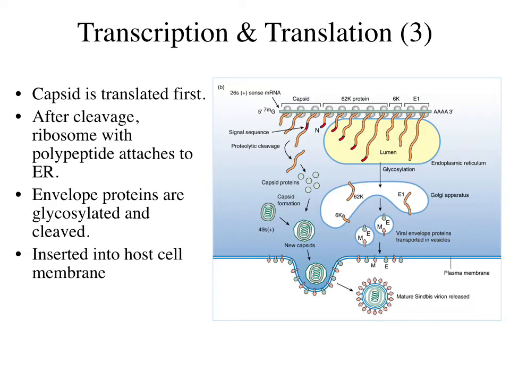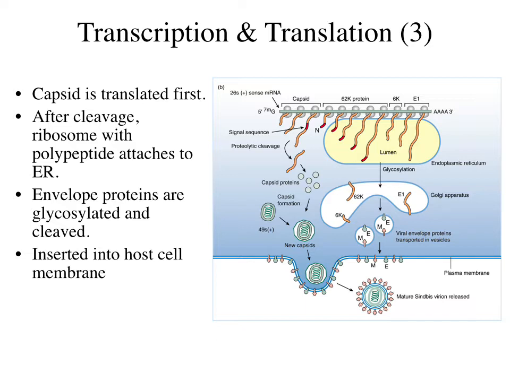In addition to being produced in large amounts, the subgenomic messenger RNA, which encodes viral structural proteins, is also very efficiently translated. During translation of subgenomic messenger RNA, the capsid protein is released from the growing polypeptide chain by self-cleavage. Capsid proteins associate and bind to genome RNA in the cytoplasm to form nucleocapsids.